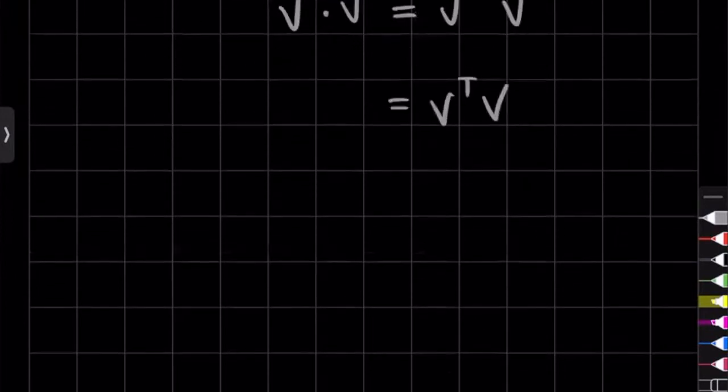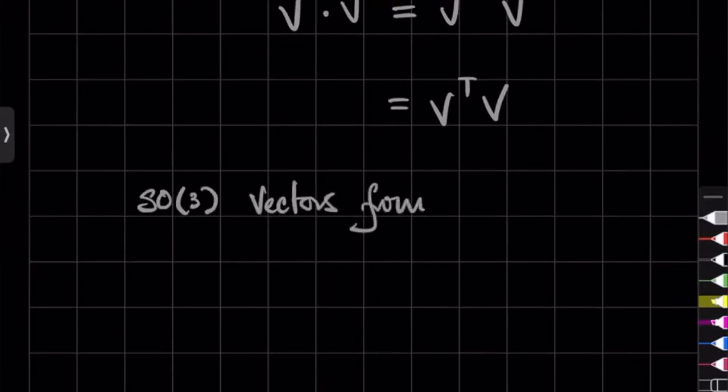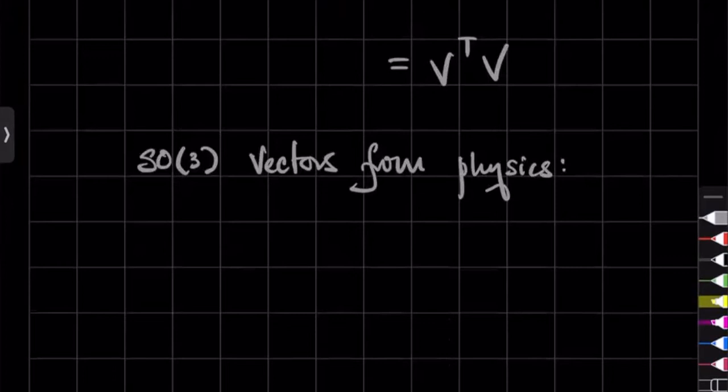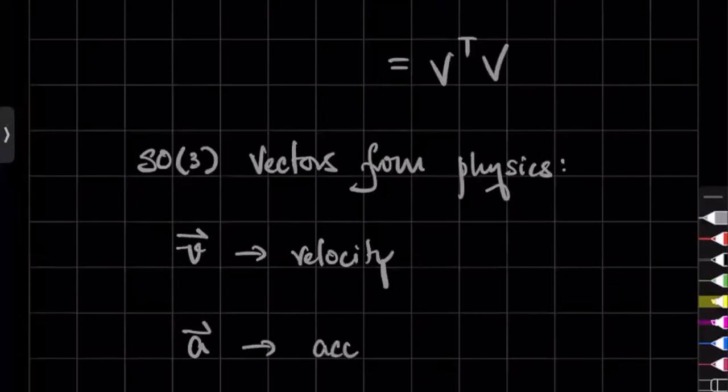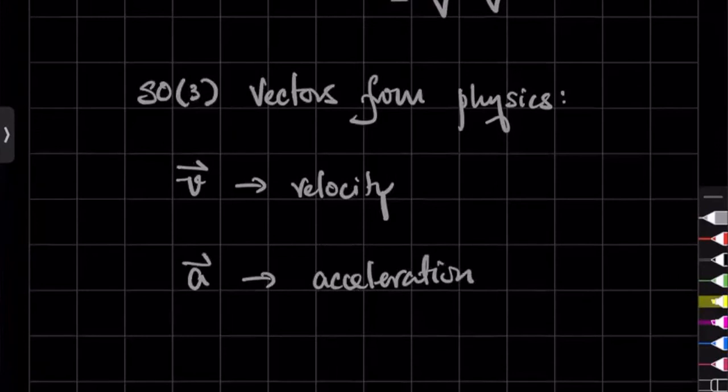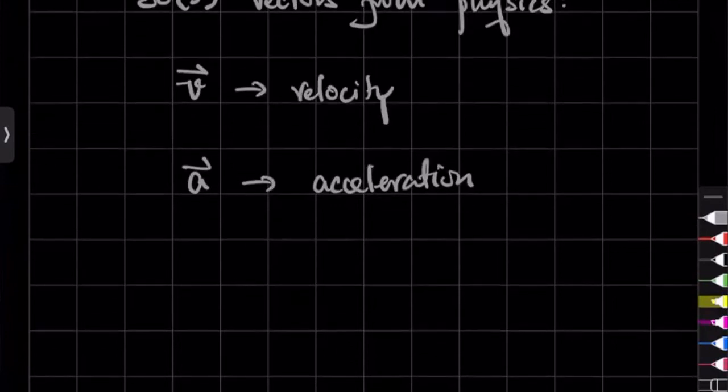So let's look at some SO3 vectors from physics. For example, any 3-vector like a velocity, or acceleration, they are SO3 vectors, right? Under a rotation, how do the components of acceleration change?